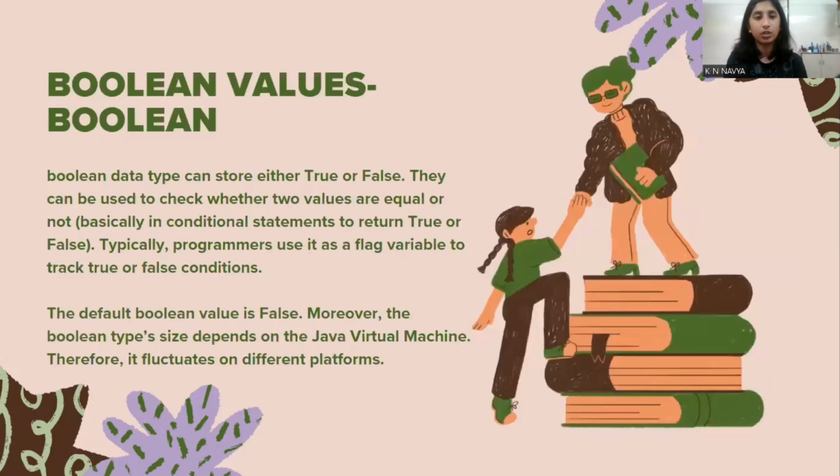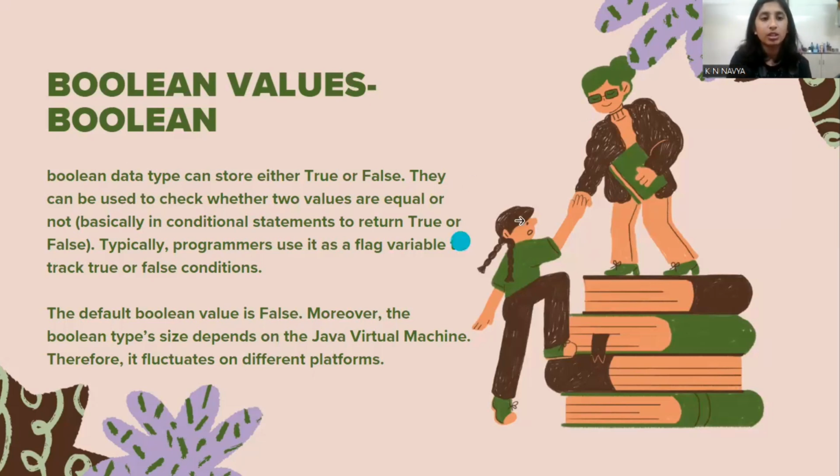That is the Boolean data type. The Boolean data type can store either a true or false value. They are basically used to check whether our value is equal or not, and here we use conditional statements which return true or false values. Typically, programmers use this as a flag variable to track conditions which are true or false.